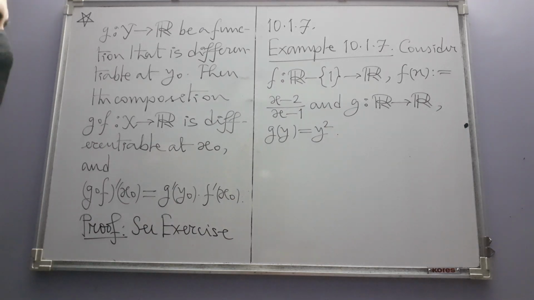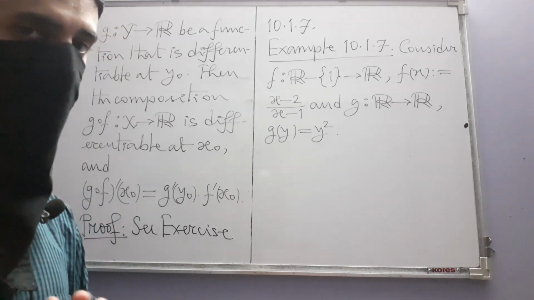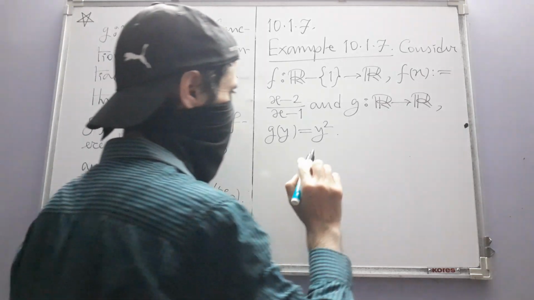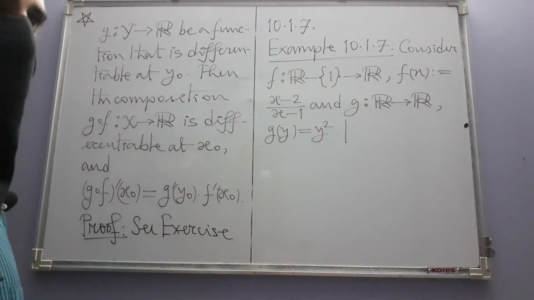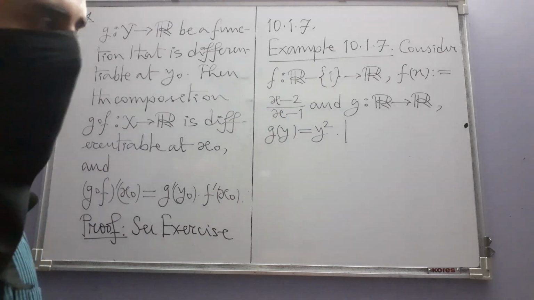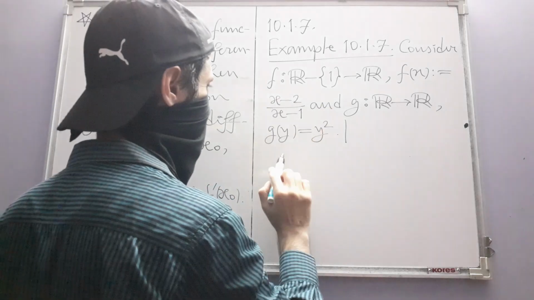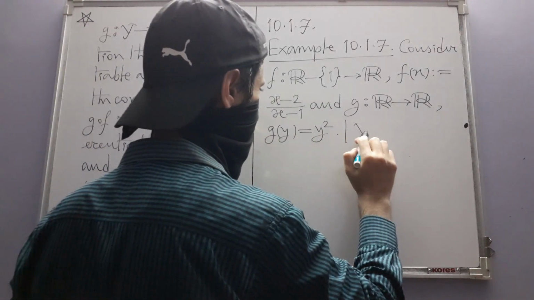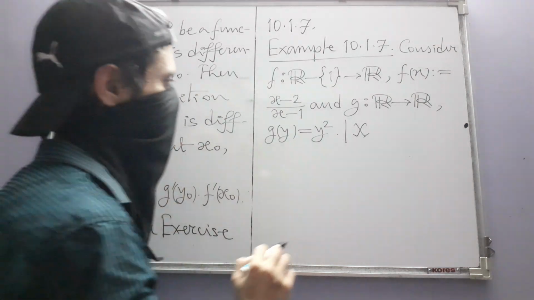Okay. Now, are we able to apply the chain rule? Let us first see what the hypotheses are. What shall we do? We want to first of all choose a point x naught in the domain of f. Let us identify the sets here in this situation.